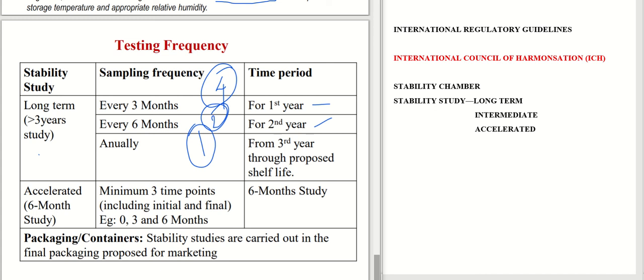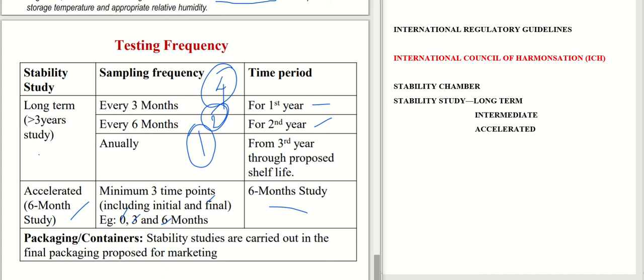So based on its shelf life, we will be taking out the sample and checking for any changes that have occurred chemically or physically. Similarly, for accelerated, normally the study period would be 6 months. So we'll have 3 time points: the initial, at the end of 3 months, and at the end of 6 months.